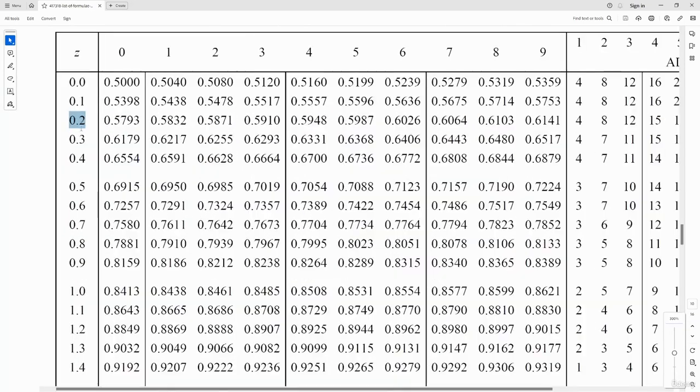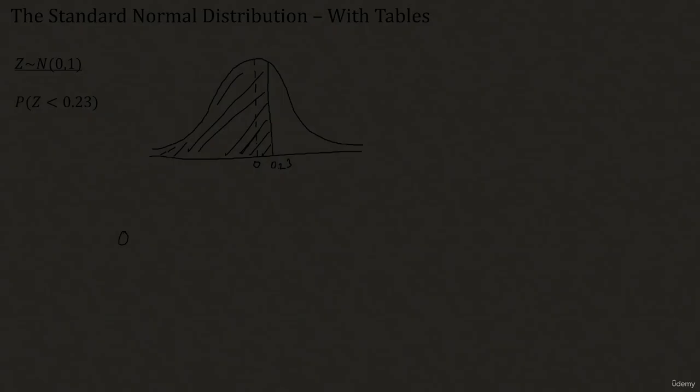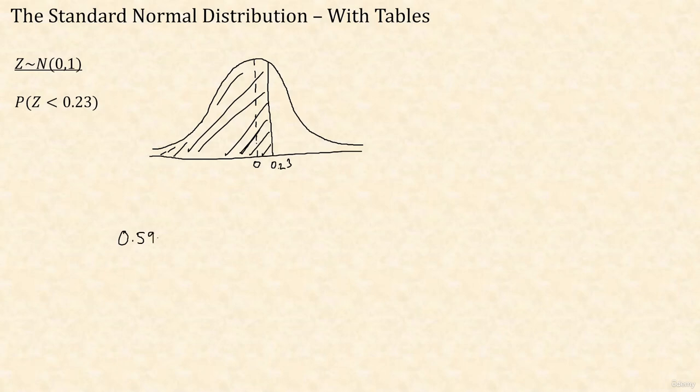Now it's 0.23, so we find the next digit here, the 3, and they meet here. So there's our answer, it's 0.5910. Remember the notation here, when you look something up in a table, is phi of 0.23. That means the probability that z is less than 0.23.